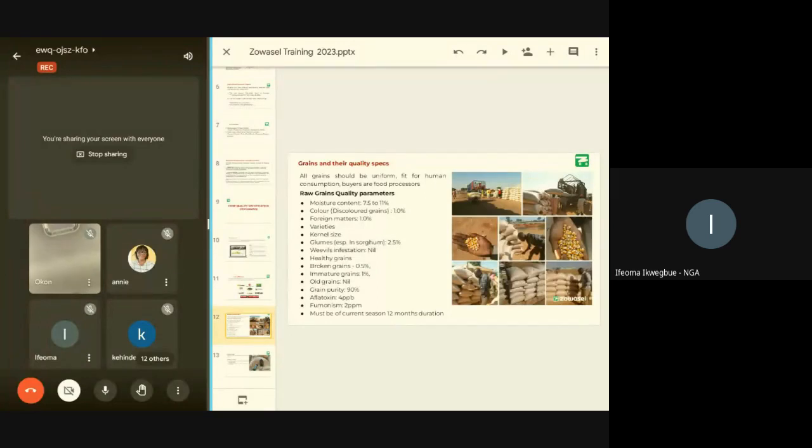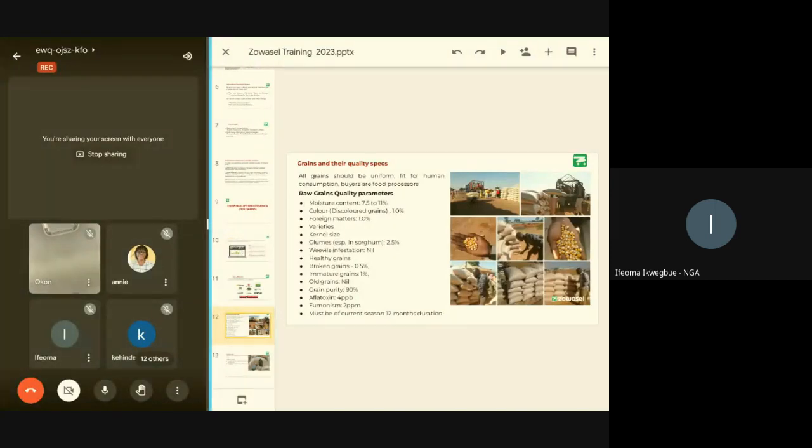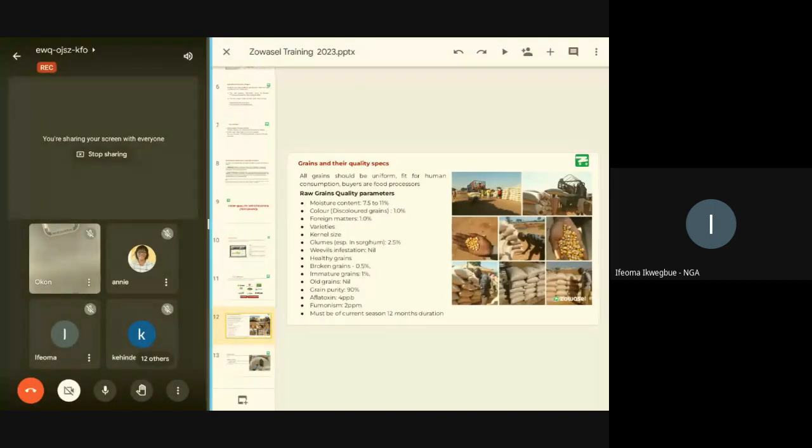Another thing that is quite important that buyers look out for is the color. The majority of buyers frown on discolored grains, and discoloration could result from the effects of high moisture content. It can also come from immaturity.